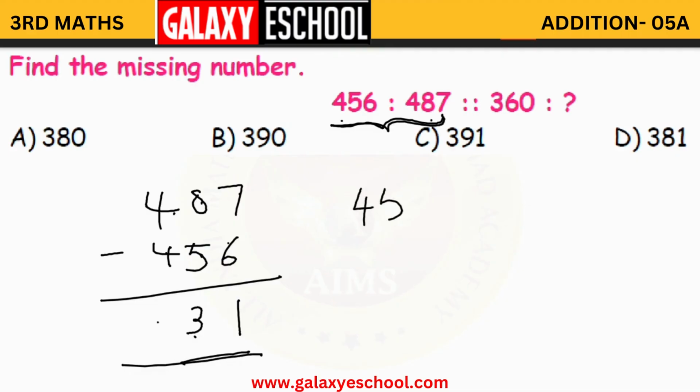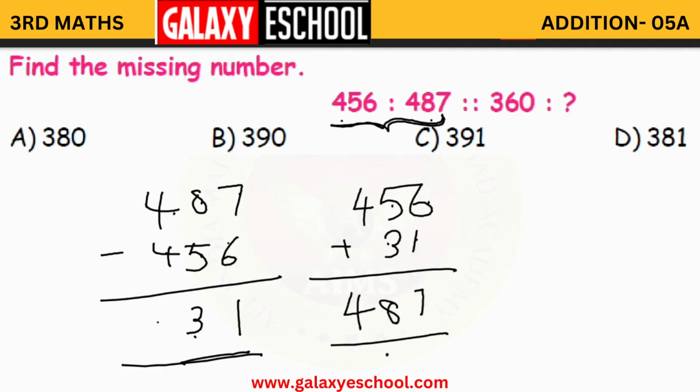Or simply we can say 456 plus 31 is equals to what? 6 plus 1, 7, 5 plus 3, 8 and 4, 487. Yes children, when we add 31 to 456, we get 487.